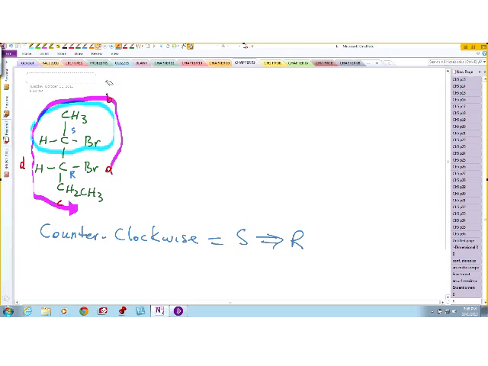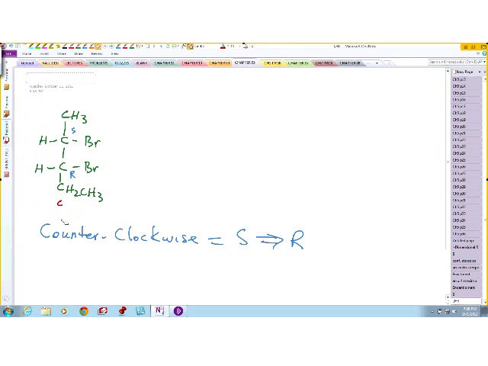So now let us give a name to this compound. What would be the complete name for this compound? Now we say 2S, 3R. In this case, if you have more than one chirality center or carbon, you have to put a number by the absolute configuration.